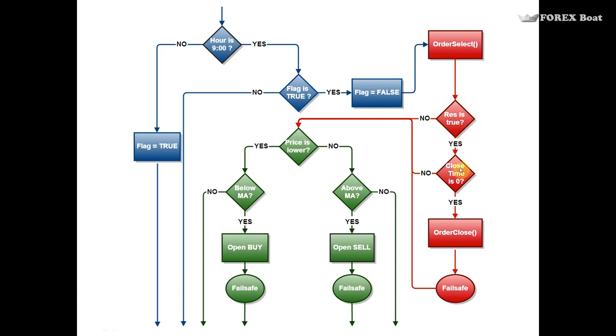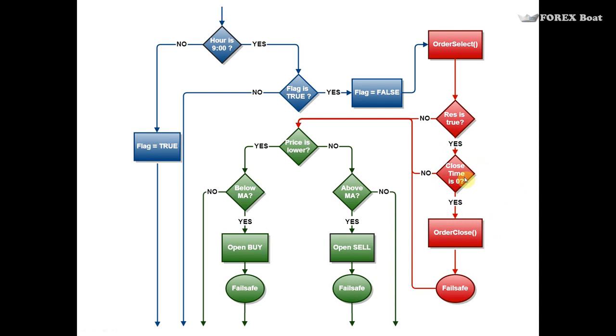So we move on and check if the close time of the order is 0. As you recall from our OrderSelect tutorial, this is the way that we check if the order has already been closed. It could have been closed for various other reasons, like the stop loss or the take profit has been triggered. So before closing the order, we have to check if it has already been closed.